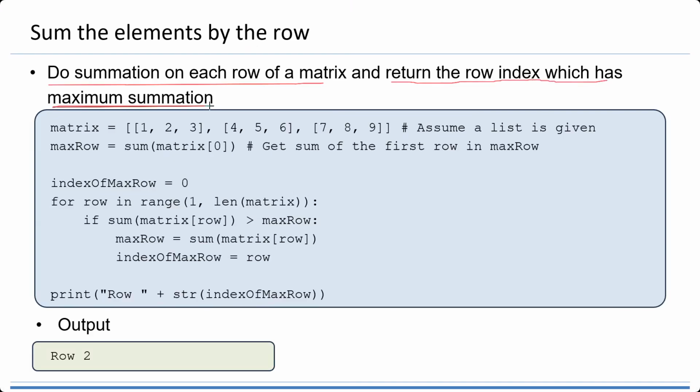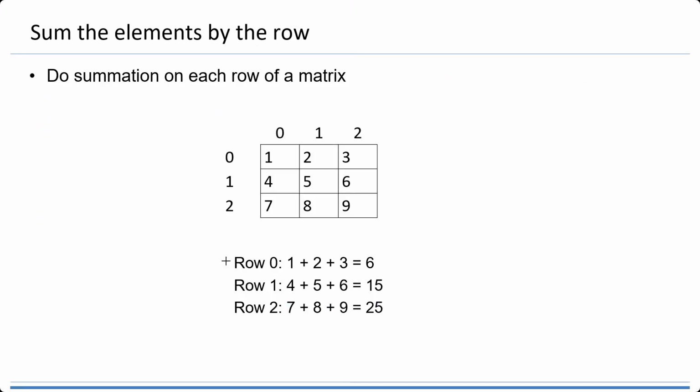After we do the summation, let's check whether row index 1, row index 2, or row index 0 has the maximum summation. If we look at this summation, row index 0 is 6, row index 1 is 15, and row index 2 is 25. Then the maximum is 25, and it is in row index 2.